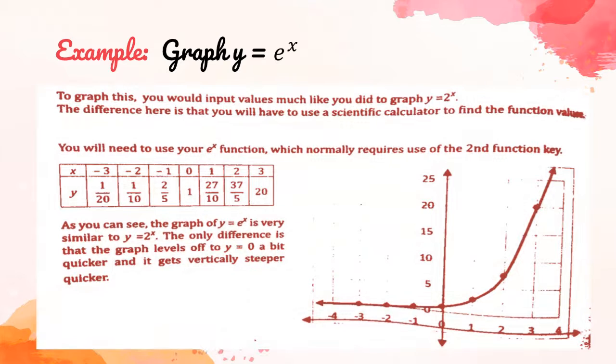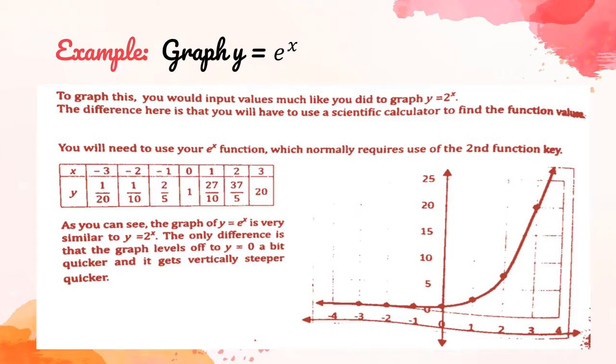Okay. Example, graph y is equal to e raised to x. Okay, to graph this, you will input values much like you did to graph y is equal to 2 raised to x. The difference here is that you will have to use a scientific calculator to find the function value.